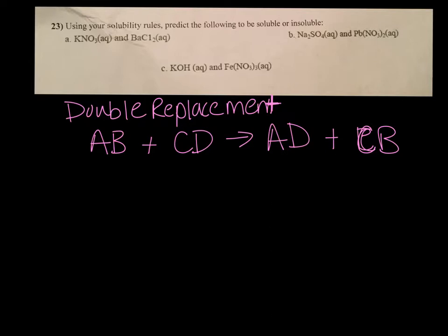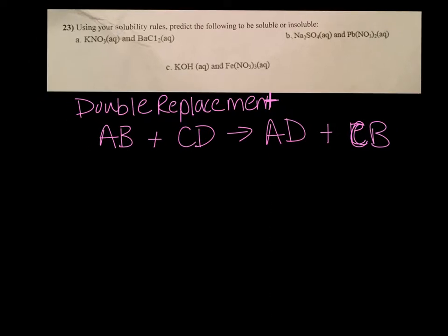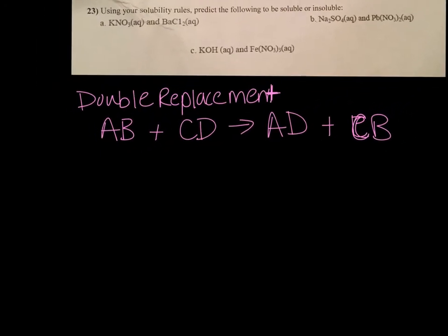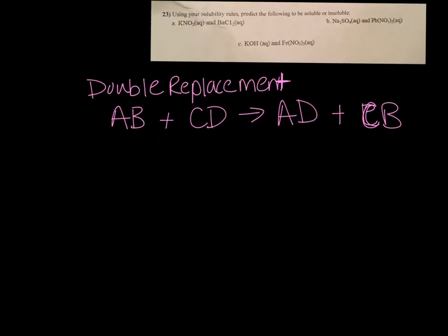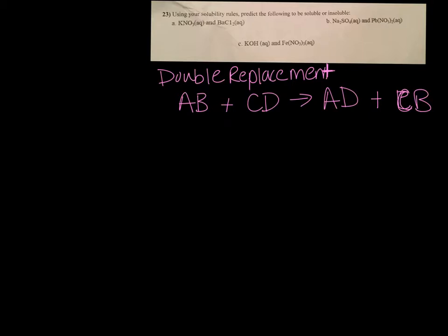So when we look at that and the problems that they're giving us, right? Let me shrink this up. Okay. When we're looking at the problems, we have the first one is potassium nitrate. So nitrate tells me that this is going to start off aqueous, right? Plus barium chloride, okay?